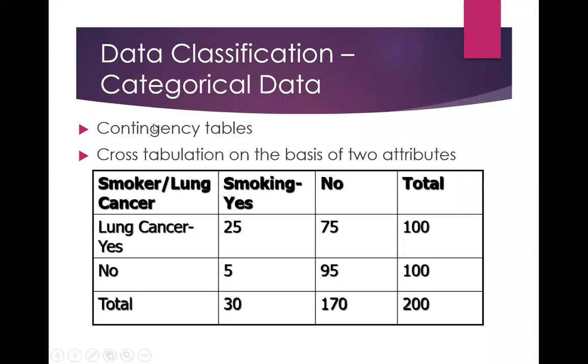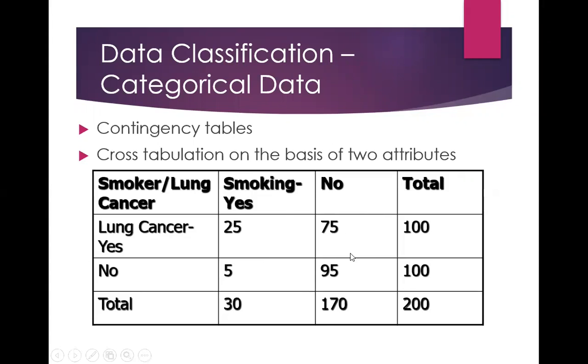It will make a contingency table or a cross tabulation. In the special case when there are only two options for each attribute, there will be two rows and two columns, and this is known as a 2 by 2 table. So this is a cross tabulation or a 2 by 2 table. This is required especially for the assessment of association between the two attributes.